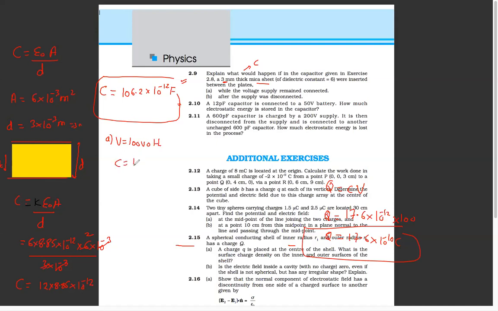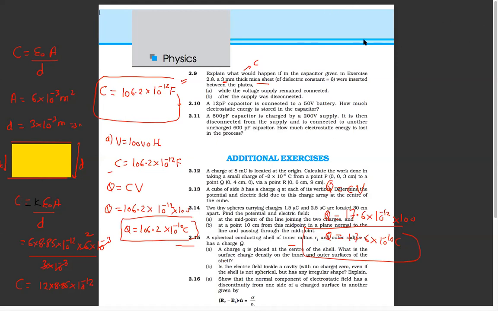The capacity is 106.2 into 10 raised to the power minus 12 farad. You can easily calculate charge, that Q is equal to CV. Your charge will be 106.2 into 10 raised to the power minus 12 into 100. So charge comes out to be 106.2 into 10 raised to the power minus 10 coulomb.